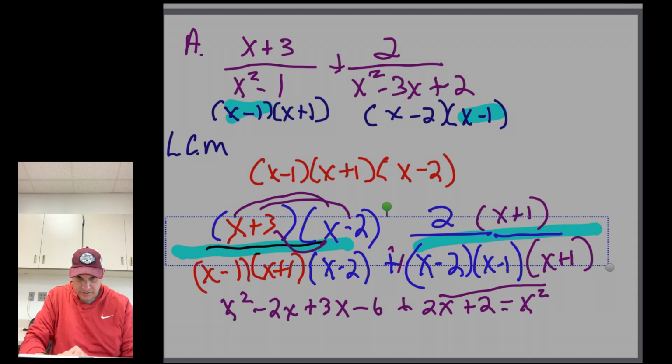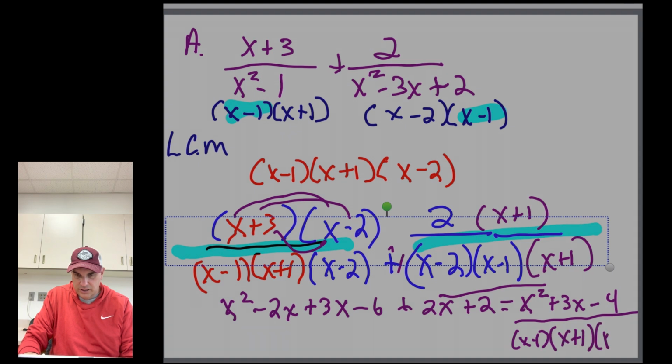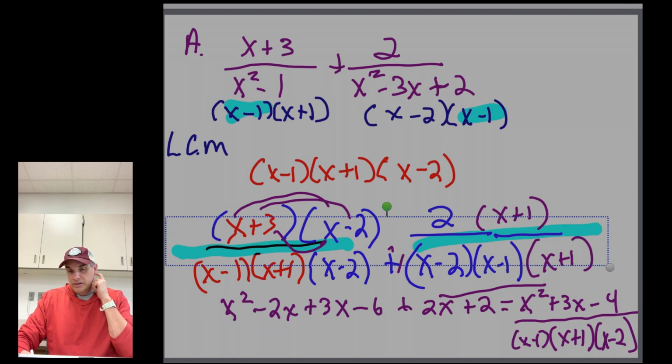I've got minus 2x plus 2x plus 3x, so plus 3x, and minus 6 plus 2, so minus 4, all of that over x minus 1, x plus 1, and x minus 2. So again, we're going to have to keep going here. This one's not done. I'm going to have to go to another page because of what can be done with this one.